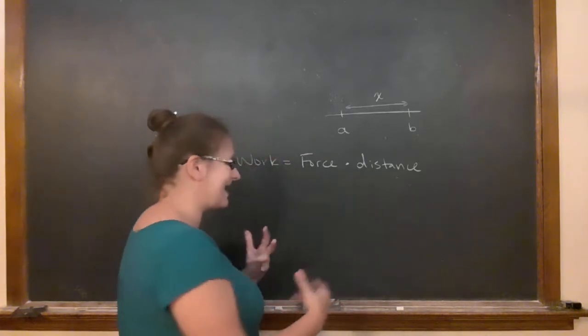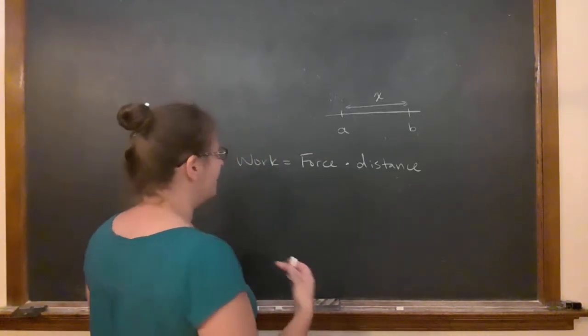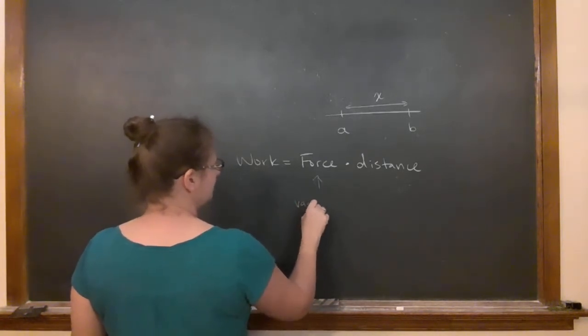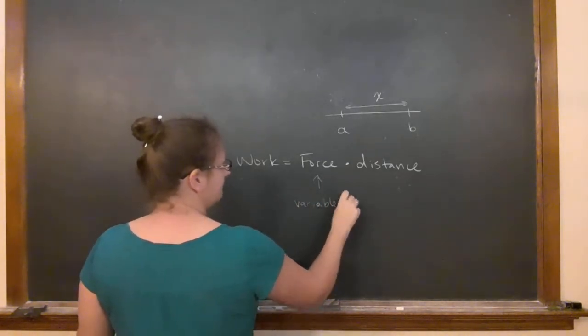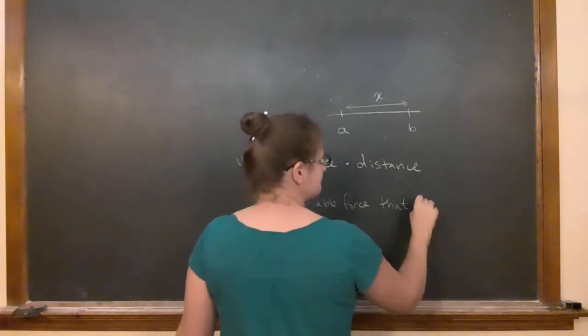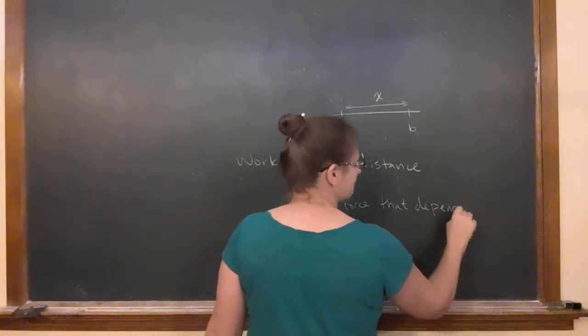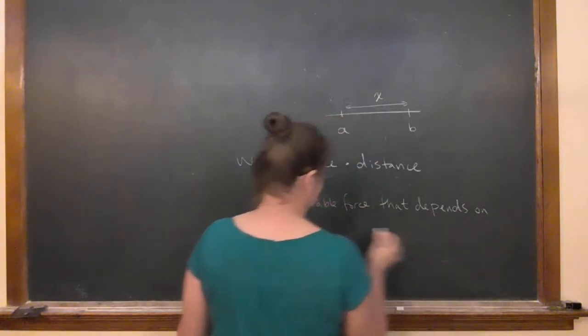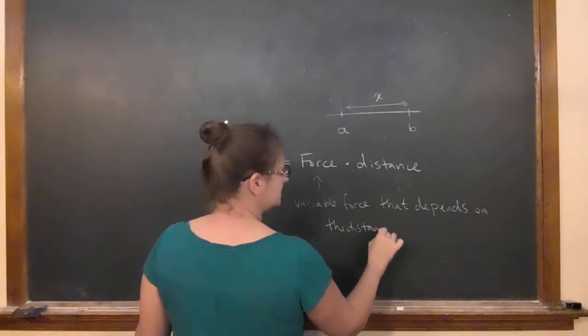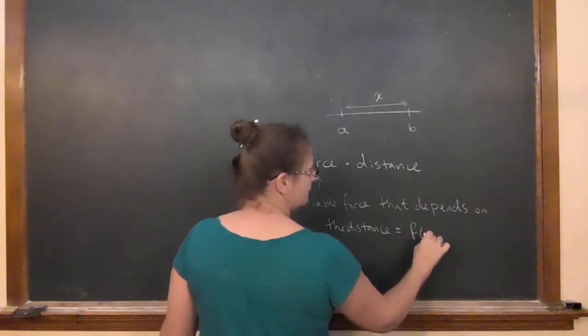So first, let's just think about a variable force, right? So we're thinking about a variable force here that depends on the distance. In other words, now my force is a function of x.